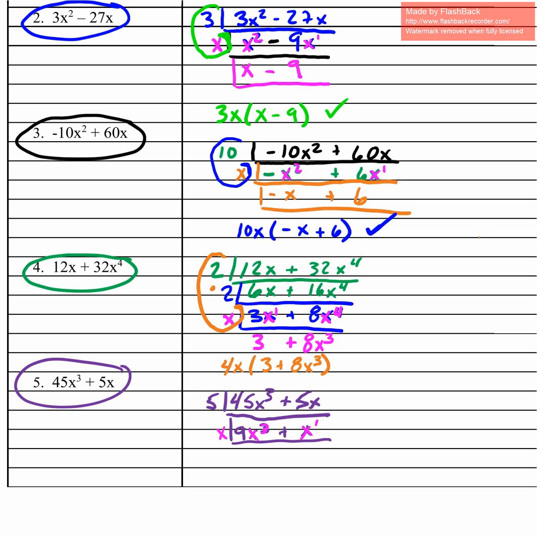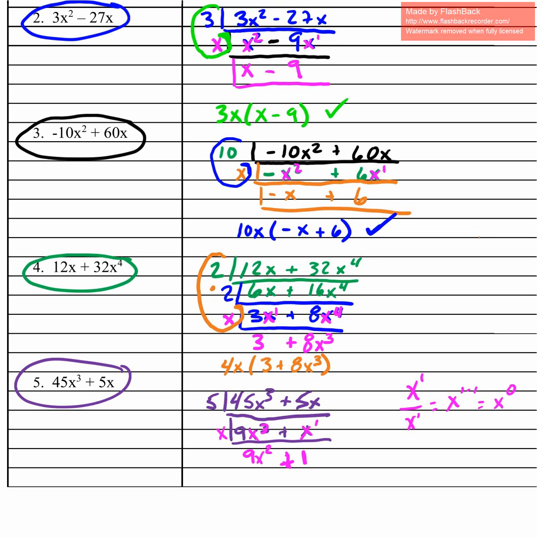The x. So now I have 9. If I have x3 and I take 1 away, I'm left with x2. And if I have an x and I take the only x away, what am I left with? No x's. But we have to have a place value, all right? Because if you think about it, if I do x1 divided by x, imaginary 1, remember when we divide, we subtract exponents, right?